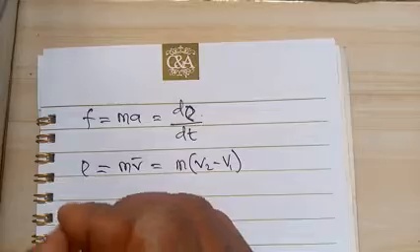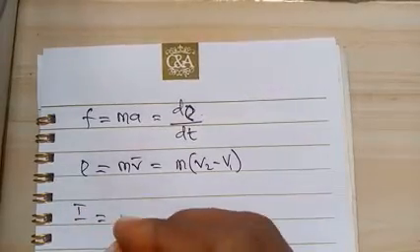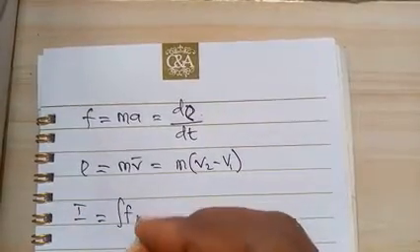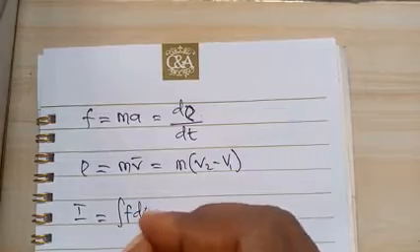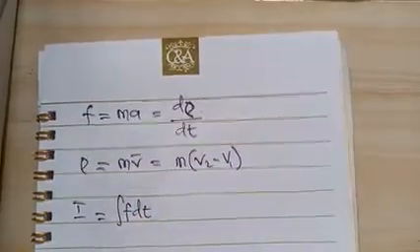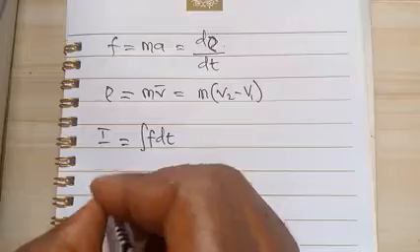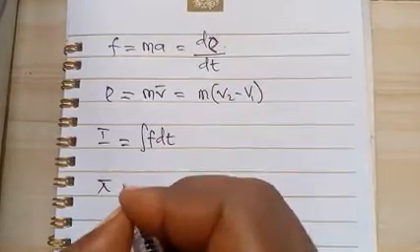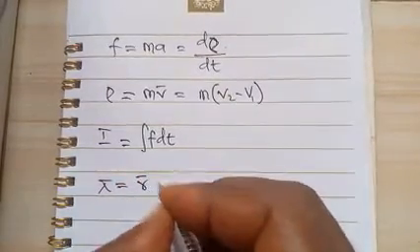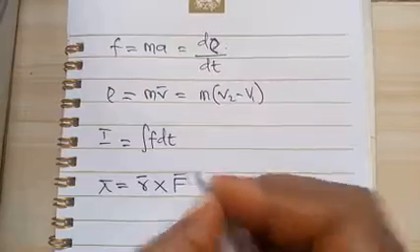If you're asked to get impulse, it is the integral of force dt. If you're asked to get torque, torque is the position cross force, and so on and so forth.